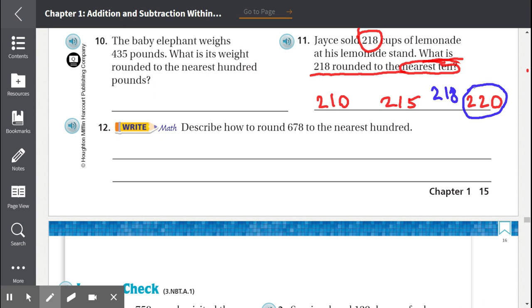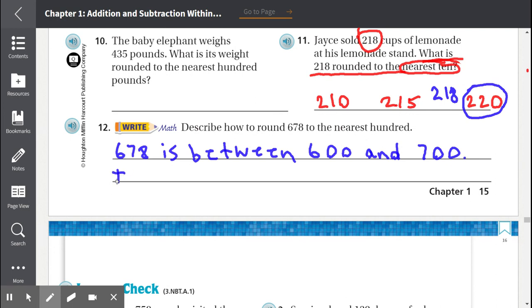Number 12. Write. Describe how to round 678 to the nearest 100. So the first thing we need to do is find the two hundreds that 678 is between. So 678 is between which two hundreds? 600 and 700.